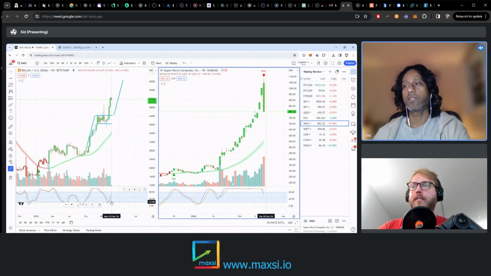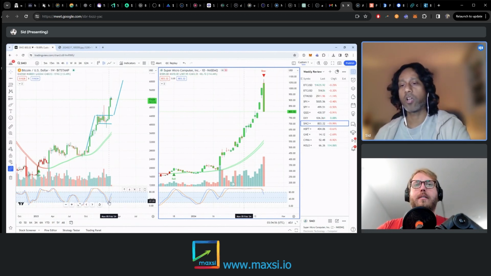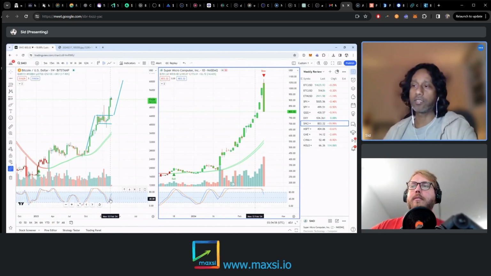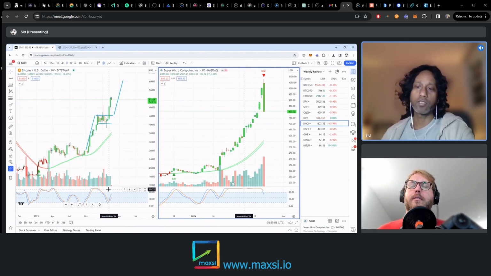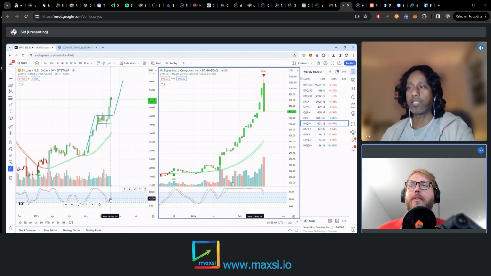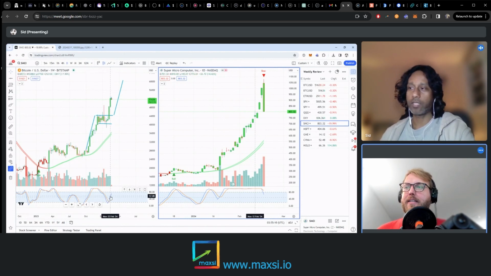Then I also use this other indicator called the stock RSI, which tells you how much gas is left in the tank, meaning momentum.